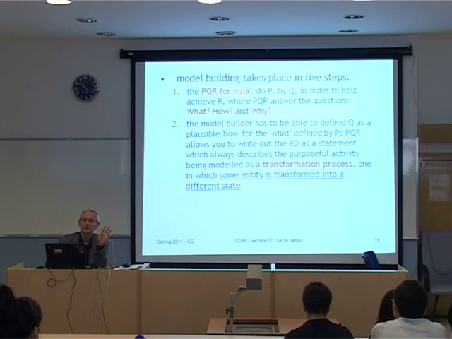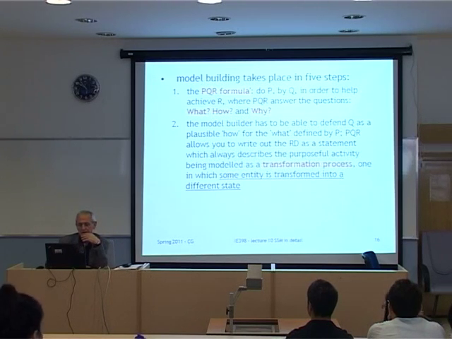Now, the reason why we spend time with PQR is because when we answer the questions of what and how and why, and identify therefore the P, the Q and the R, then we shall be able to better formulate a root definition.